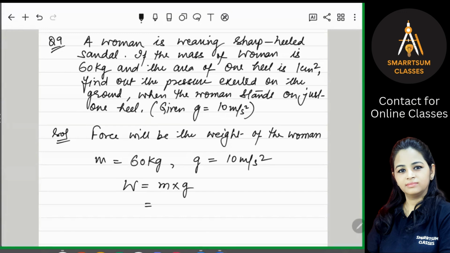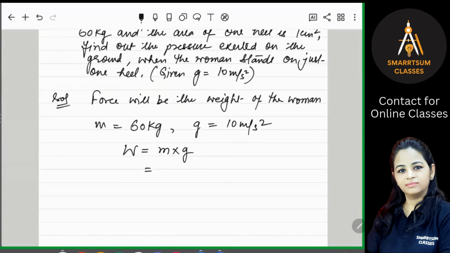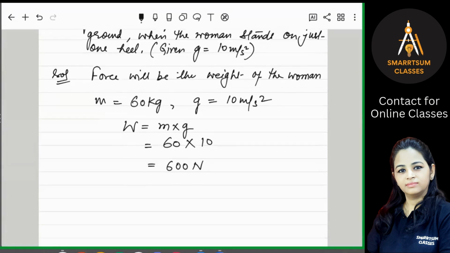So mass is 60 kg into g, g is 10. So what will be the weight? Weight is 600 Newton. So this weight is the force which is exerted.